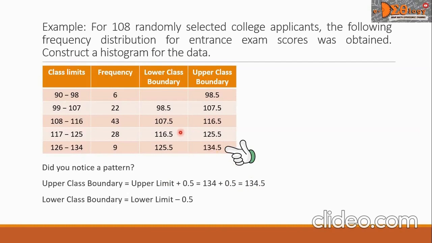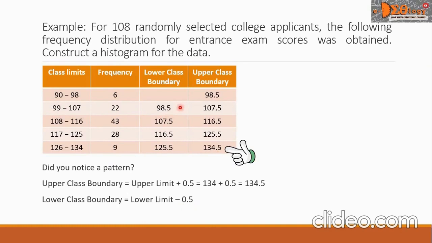Also, for the lower class boundary column, if we look at our lower limit, this is 99. It seems that this 98.5 is the result when we have lower limit minus 0.5.